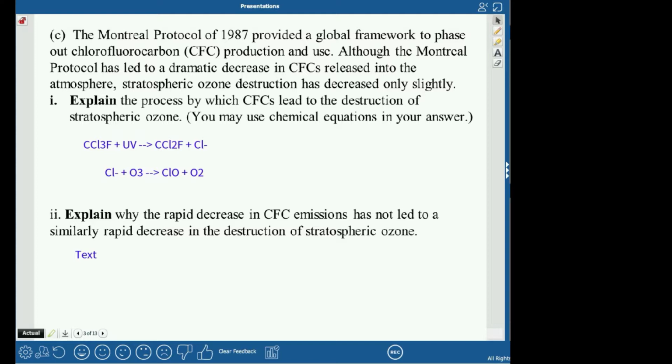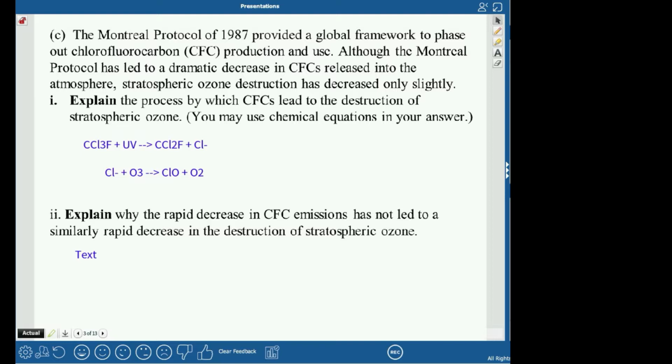And so even if we were to reduce CFCs, let's say today, the CFCs that were released today will take a while to make it to the stratosphere. So it's not like whatever's there today is done. There's still gonna be some mingling up there. And then these products have a really high lifetime in the atmosphere, especially the chlorine.